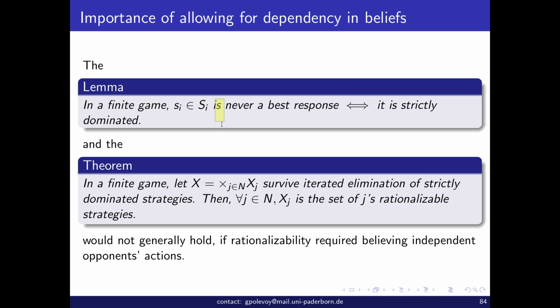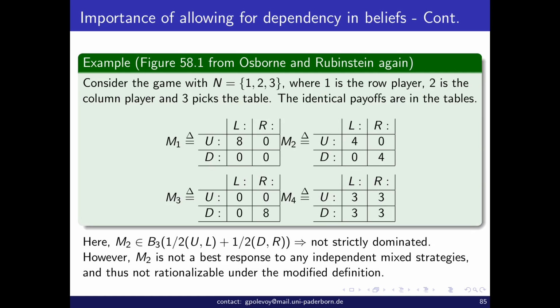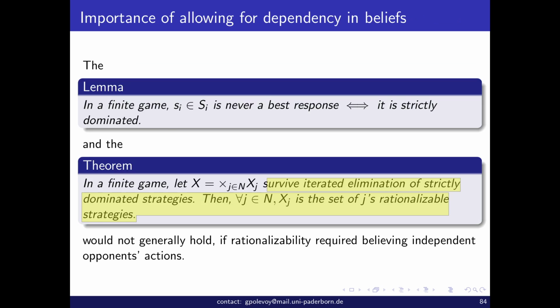Now let us show that the theorem does not hold also. That's simple. The theorem says that surviving iterated elimination of strictly dominant strategies is equivalent to being rationalizable.